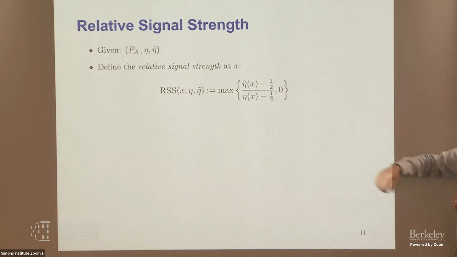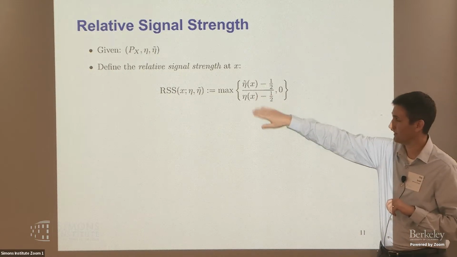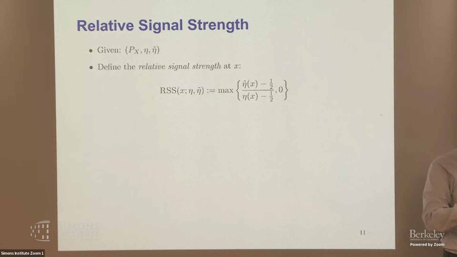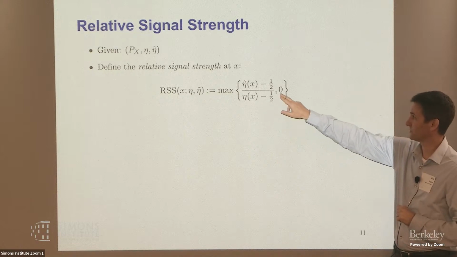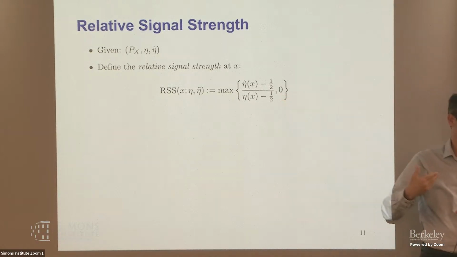If this ratio is positive, it means the clean Bayes classifier and the noisy Bayes classifier make the same prediction. If that's not the case, this term is negative and we'll just take 0 to be our signal strength. So in that second case, the noisy posterior at x doesn't really tell us anything useful about the clean distribution.